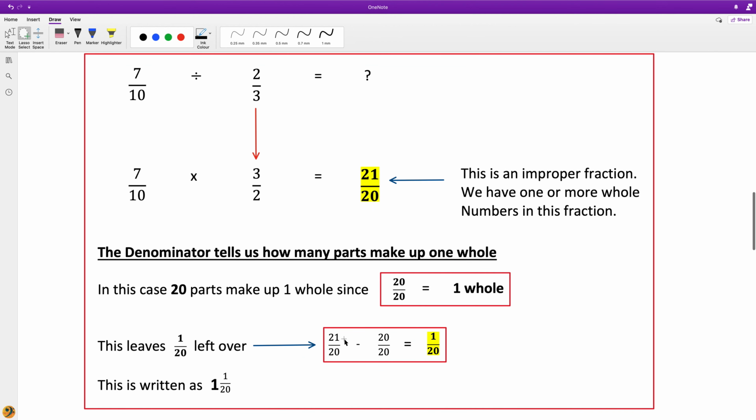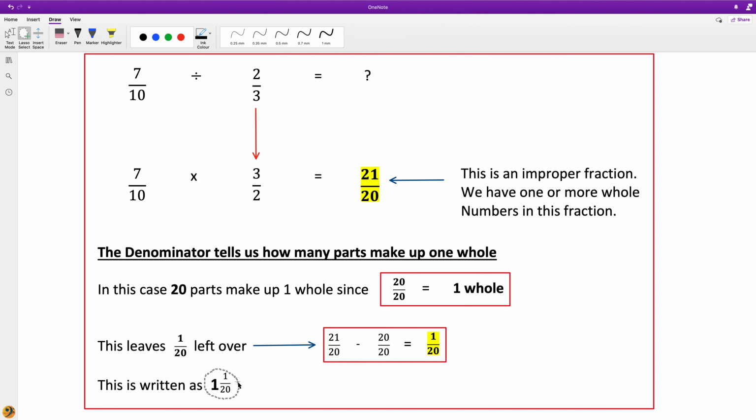Our starting point, our improper fraction answer of 21 over 20, if we convert 20 of those into one whole number, we take that away, and that leaves us with our remaining portion of the fraction, which is 1/20th. Hopefully you can see that pretty clearly here: 21 over 20 is made up of 20 over 20 and then an extra 1 over 20. How we write that as our mixed number is circled down the bottom here.